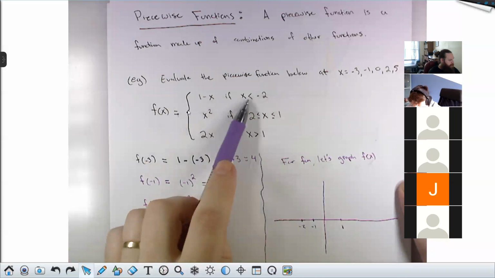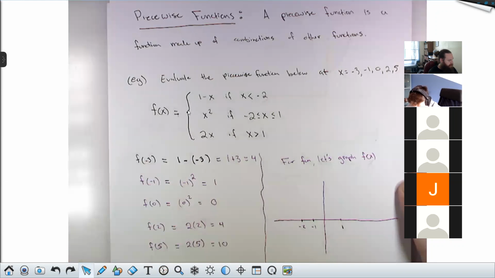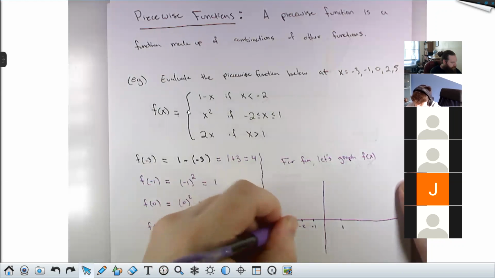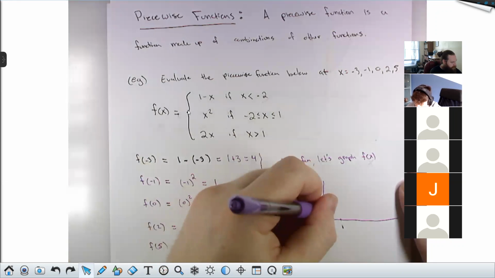If x is smaller than -2, then this function behaves like 1 minus x. So, for example, at -3, we already saw that the output from this function is 4.